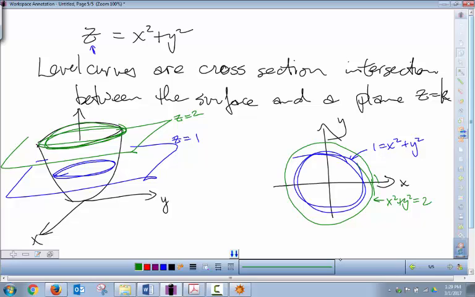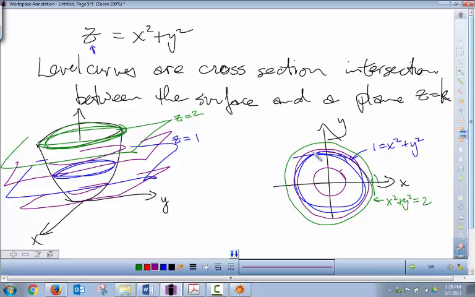Okay. So what we could do is make more cuts, and we can come up with more circles. And what you have here is a set of circles that describe what we call contours.